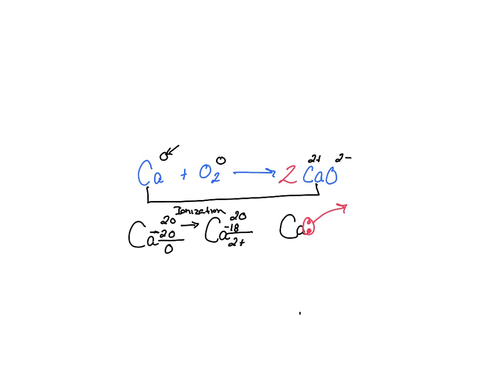And because it gave up its 2 valence electrons, now it only has those 18. And because now it has those 18, it ends up with a net 2 plus charge. Again, this is all review. So if calcium gave away those 2 electrons, is that considered oxidation or is that reduction? Well, we call that oxidation.